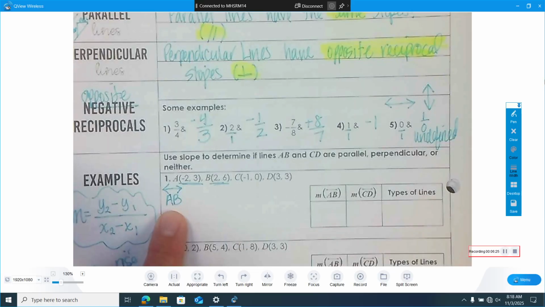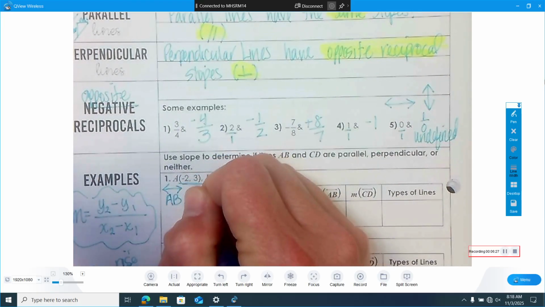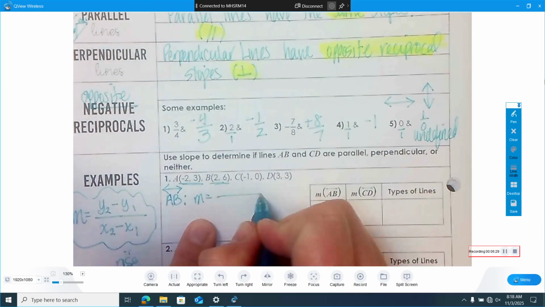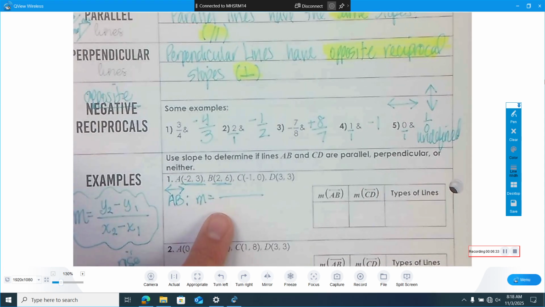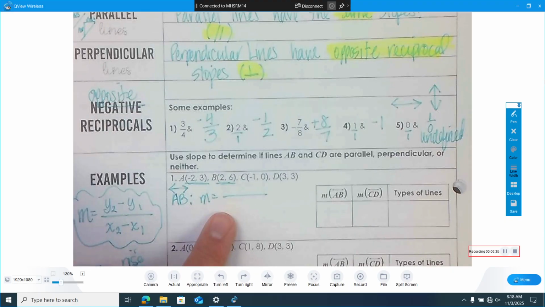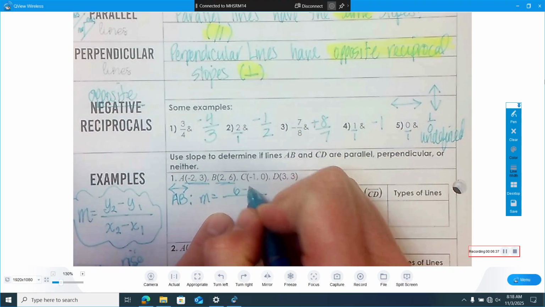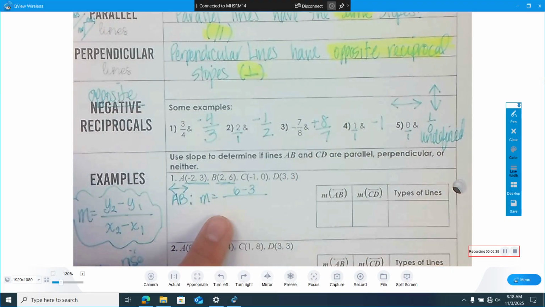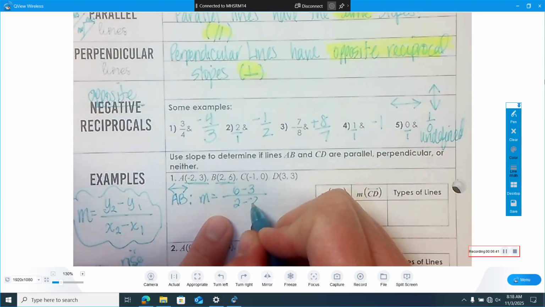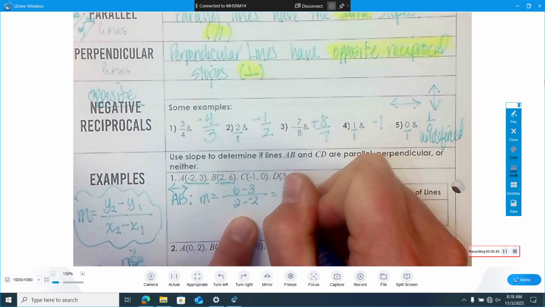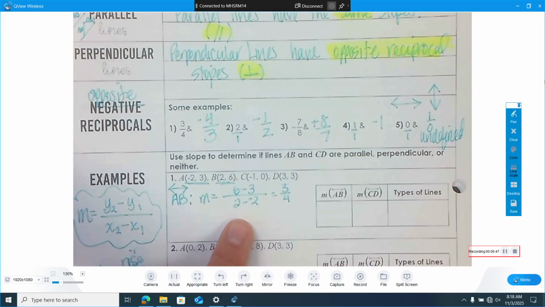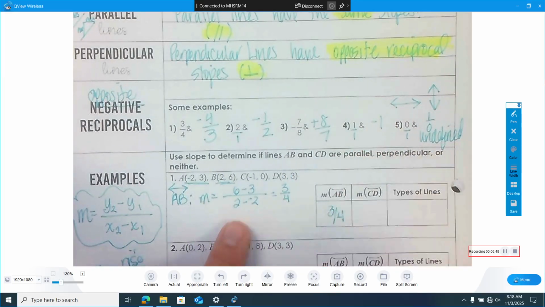This is line AB, and we want to find the slope. So using A and B, what should I subtract? 6 minus 3 over 2 plus 2, minus a negative 2, which does become 2 plus 2. 6 minus 3 is 3 over 4 for the slope of AB.